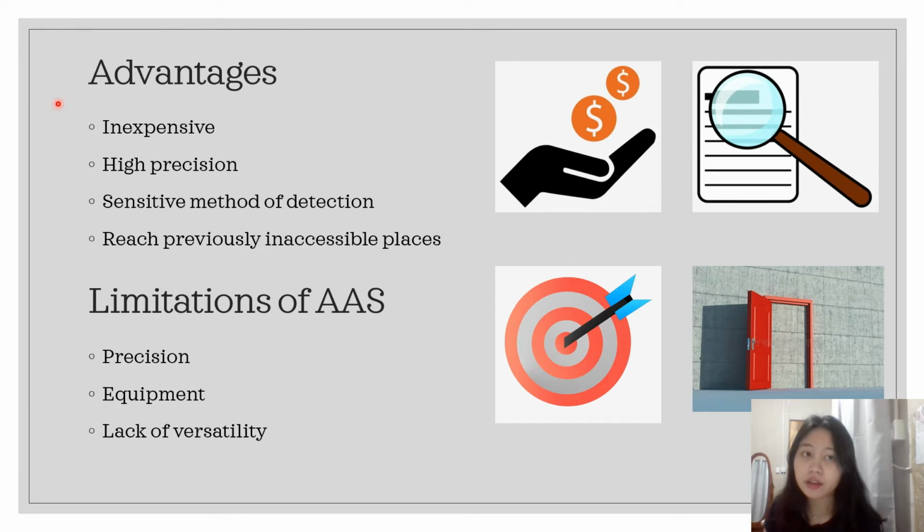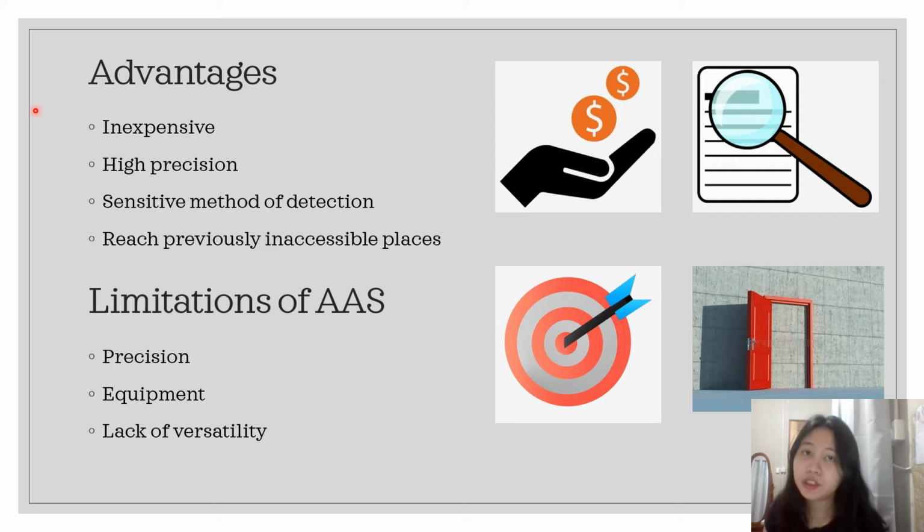So there are advantages and limitations of AAS. The first advantage is that it is inexpensive. The reason is that it uses less argon than other methods, so it costs less. The second is high precision.